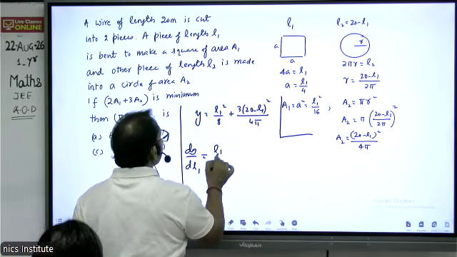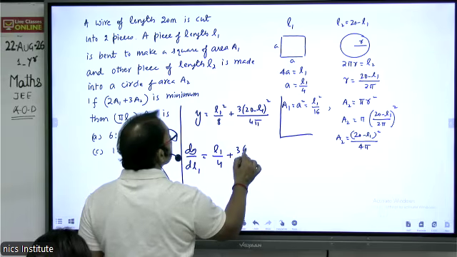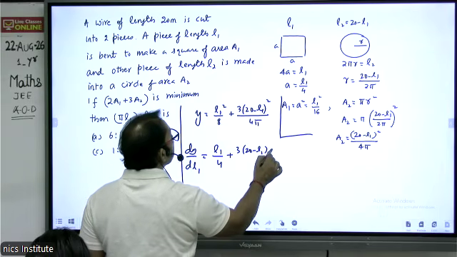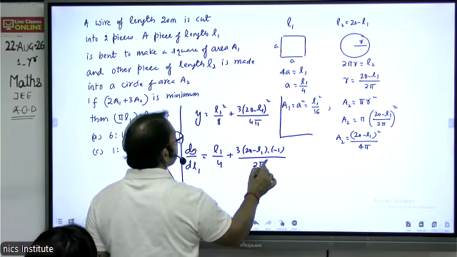So it'll be L1 by 4, plus 3 into (20 minus L1) times minus 1 by 2 pi.